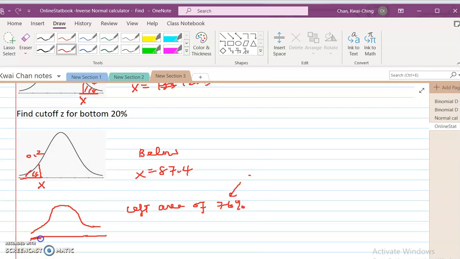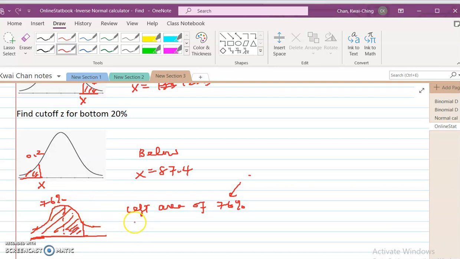Half of it is already 50%, so your cutoff should be on the right side. So if you are dealing with an area that's greater than 50%, just imagine it won't be a small tail at the tail end. It would be over half of it and go to the other side.